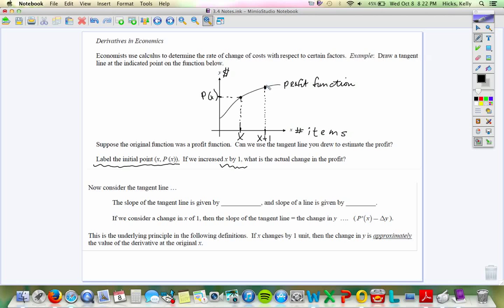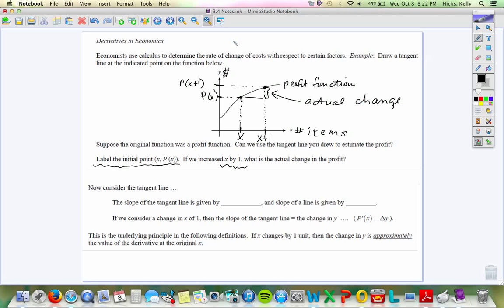Then what is our actual change in profit? Well, our actual change in profit is over here. This is going to be P of X plus 1. Our actual change in profit is this much right there, from this dot down to there. That's our actual change in profit.